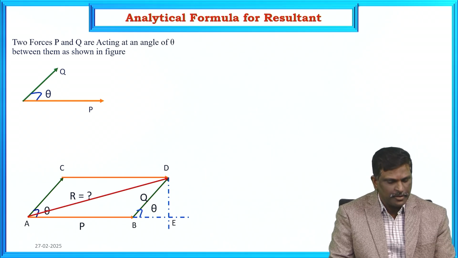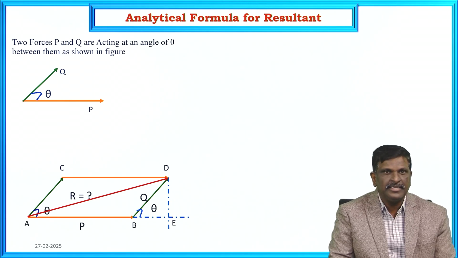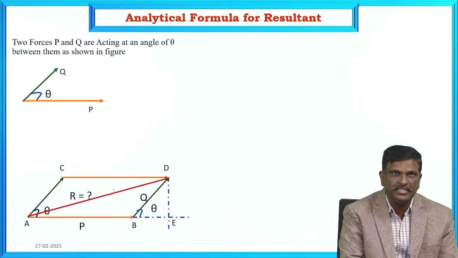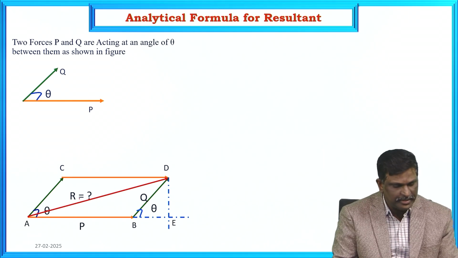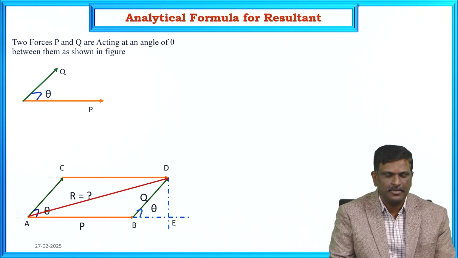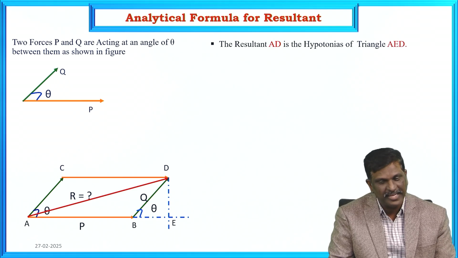Now, see the right angle triangle formed here, AED. In the right angle triangle AED, AD is the hypotenuse. By using the Pythagoras theorem, we can calculate the length of AD.